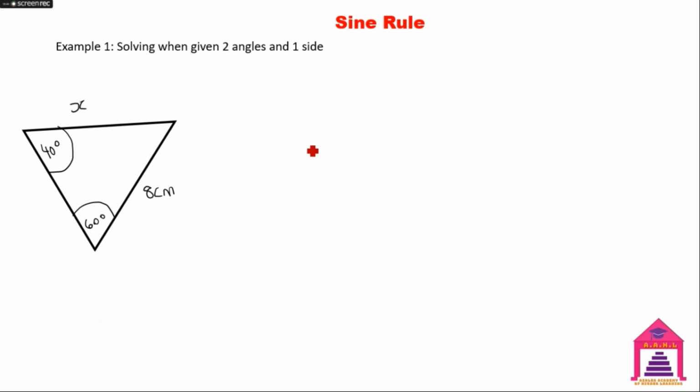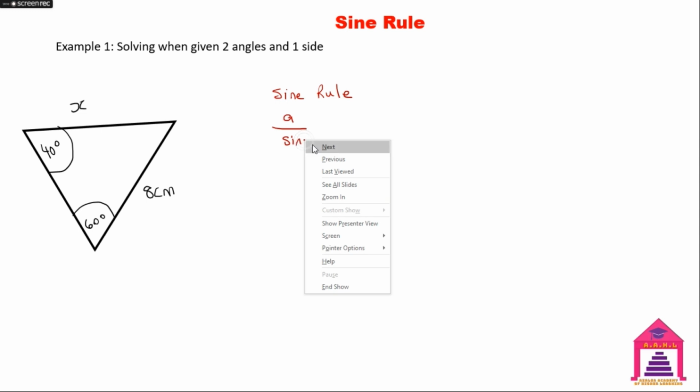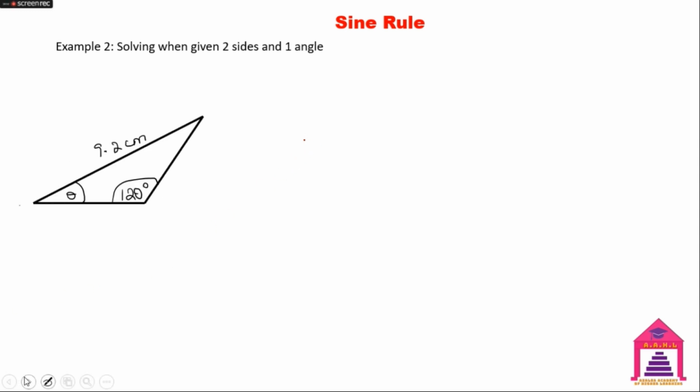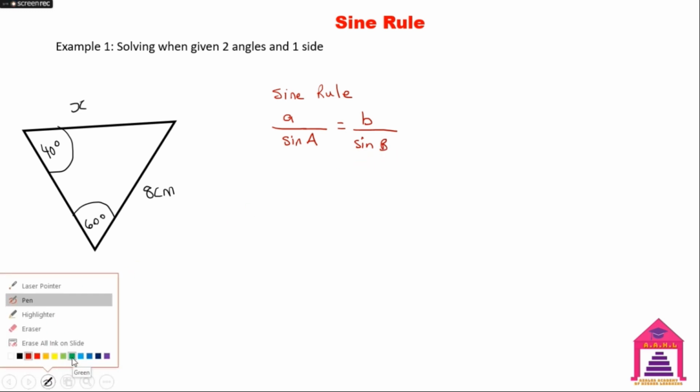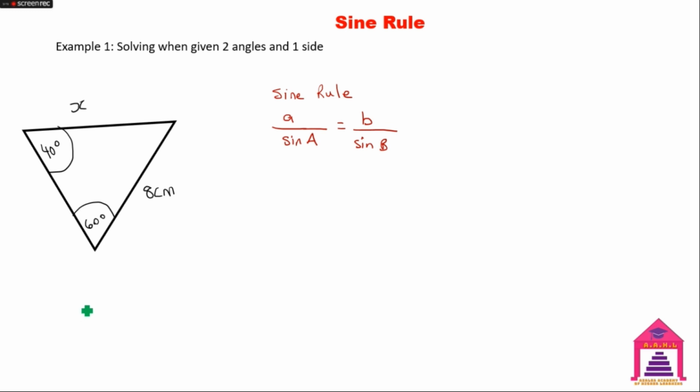Alright, so we want to write down the sine rule again, which is A over sine A equals B over sine B. Now, we always want to label the triangle.